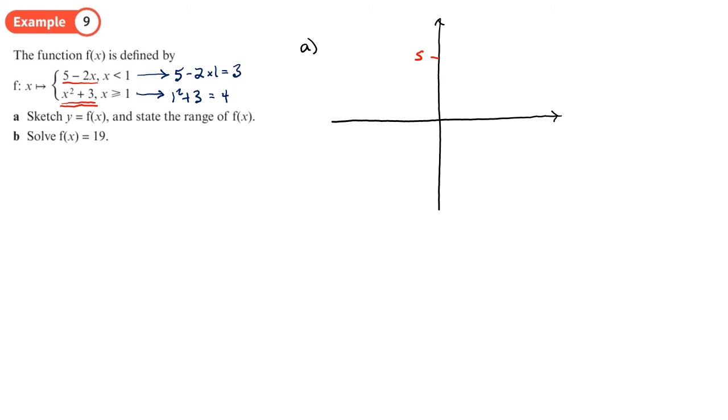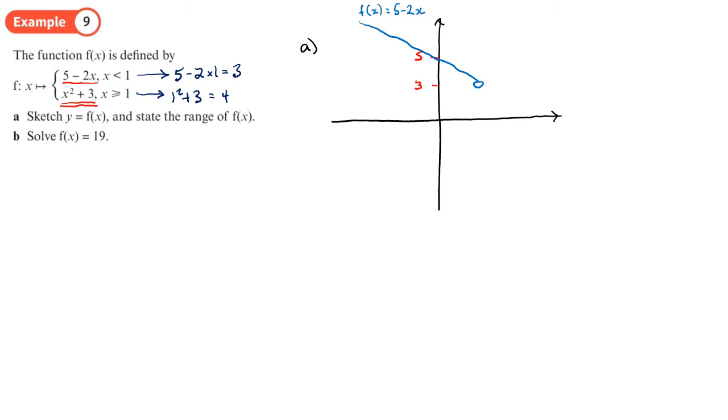It's sloping downwards until it gets to a value of 3. This is only a sketch, so it's not to scale. So a straight line going down like that, and when it gets to here, I'm going to draw an open circle because it doesn't include 3. So here I've got the graph of f of x equals 5 minus 2x.